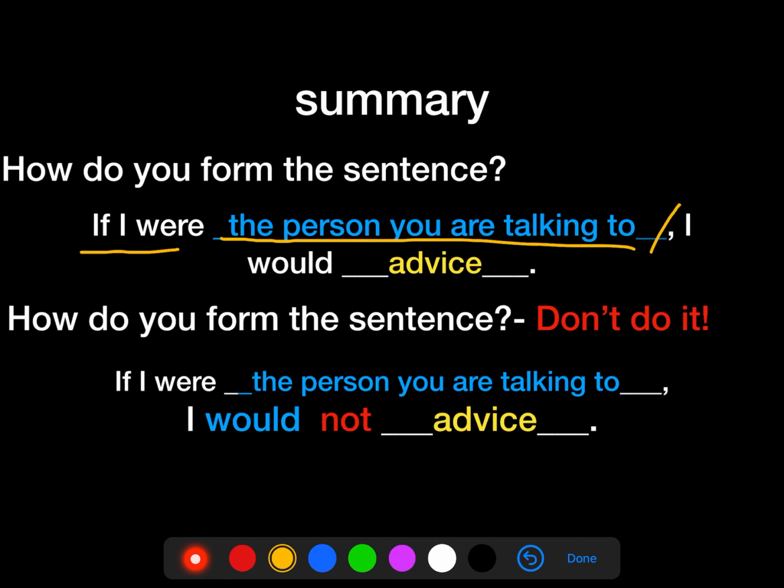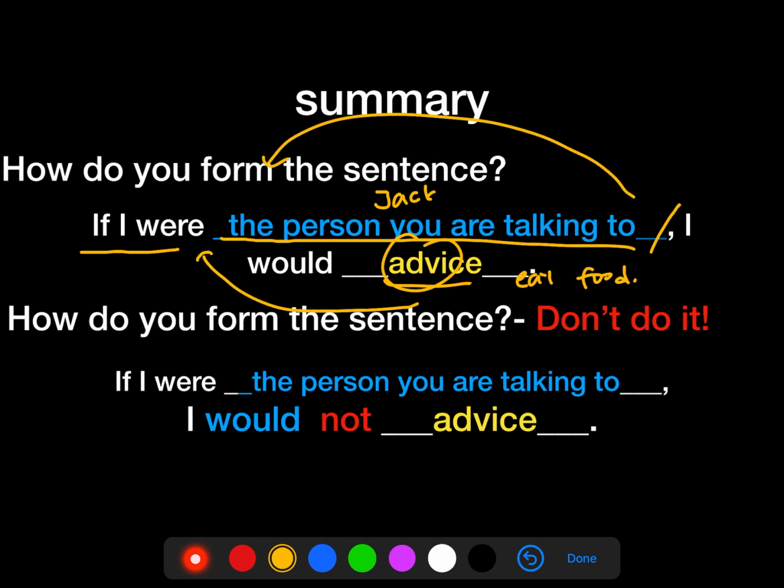So if I were Jack, I would, which advice? Eat food. And we know that we can change the order. Like this. I would eat food if I were Jack.